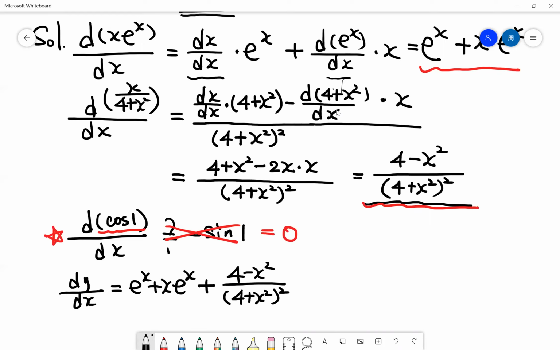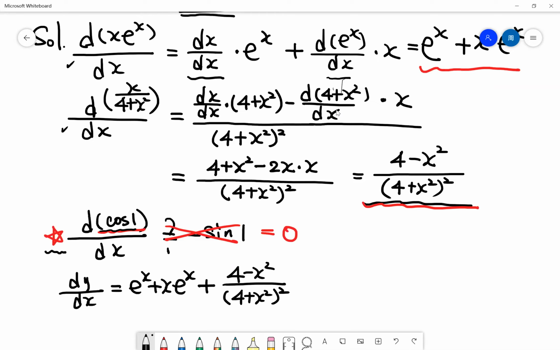Here we use the product rule and the quotient rule, and here you should pay attention that this is a value, this is a constant, cosine 1, not a function. So the derivative of cosine 1 equals 0, not minus sine 1.